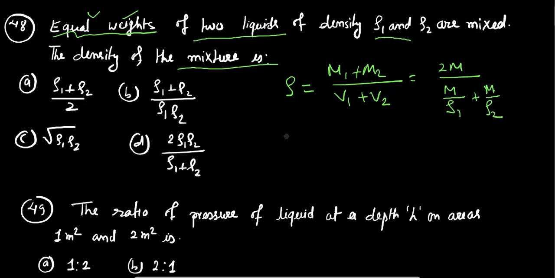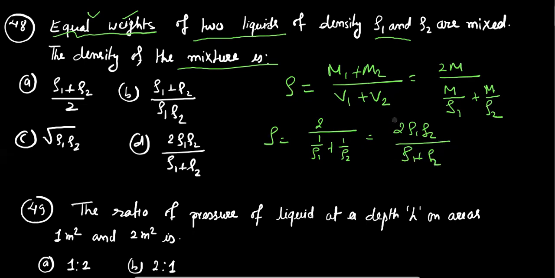Okay, so we can take these two m as common, and it will be 2 after cancellation, over 1 by rho 1 plus 1 by rho 2. Okay, so on solving surely we can get it as 2 rho 1 rho 2 over rho 1 plus rho 2, this kind of expression, and this is given in option D.